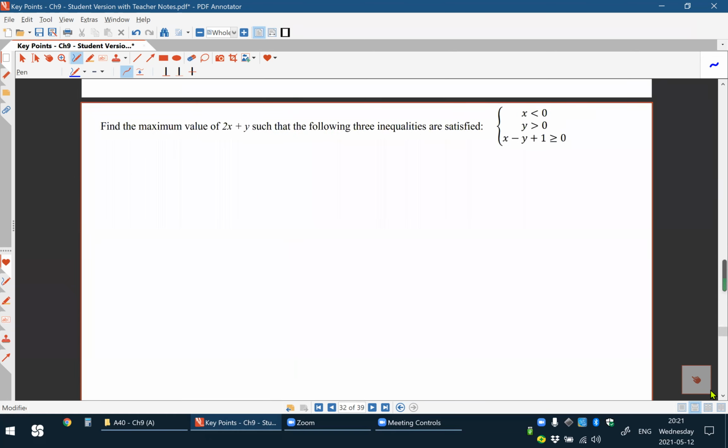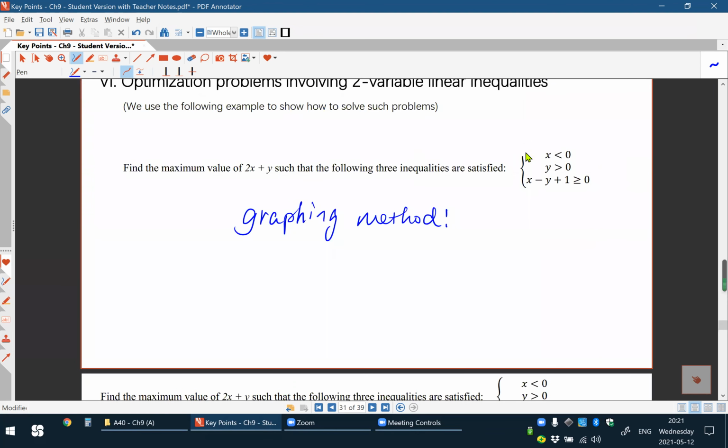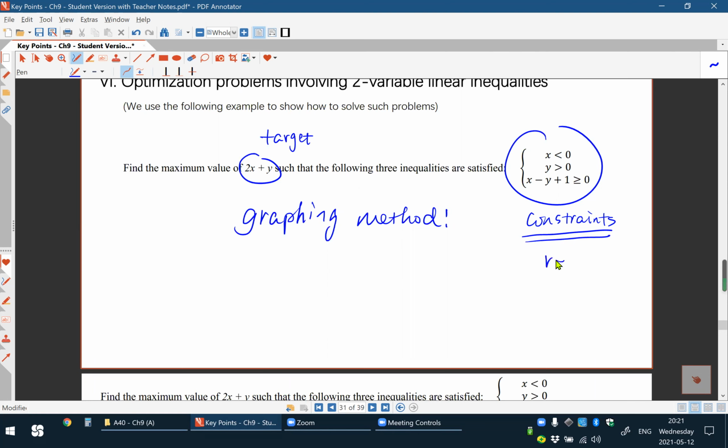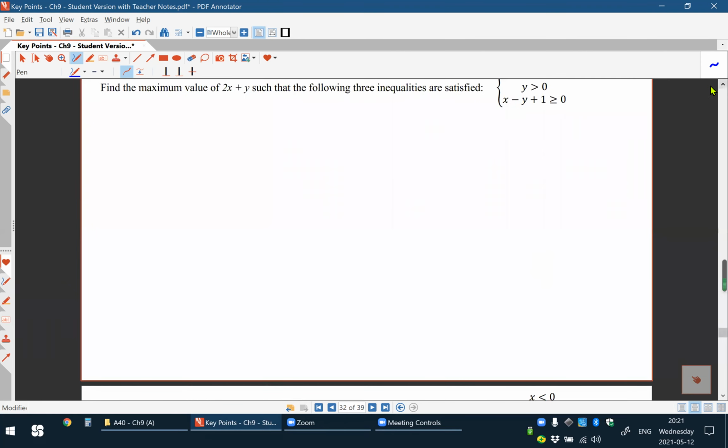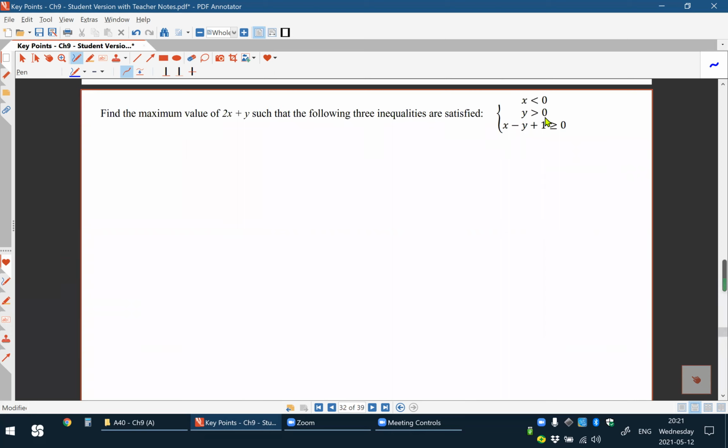First of all, we graph this. This is called the constraints. And this is called the target. The target is to find the maximum value of this target under these constraints. Usually the constraint should be a region. So first of all, let's have a look at how we can draw these constraints on a 2D Cartesian plane.